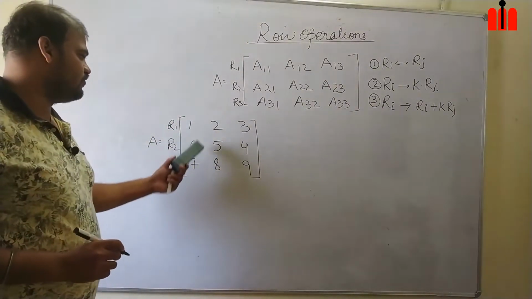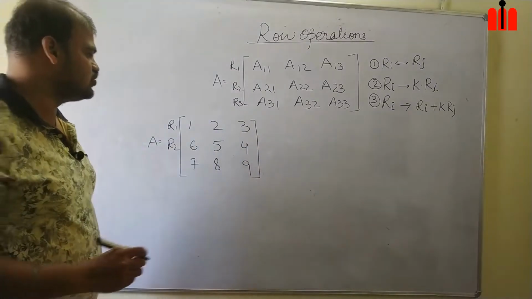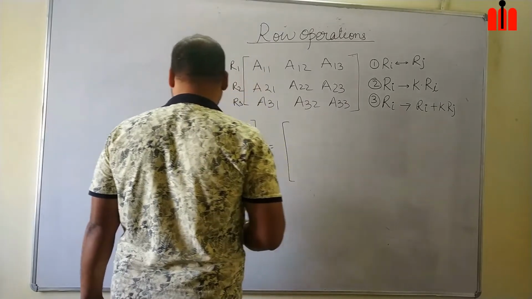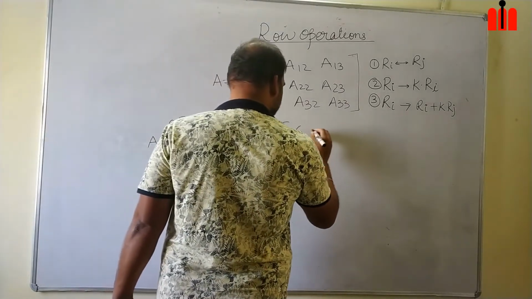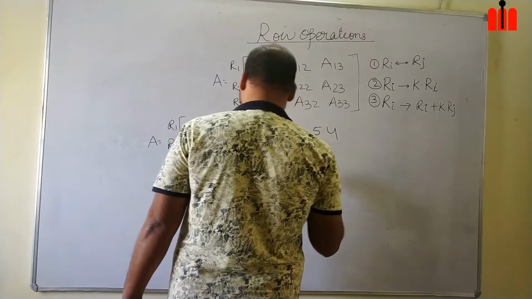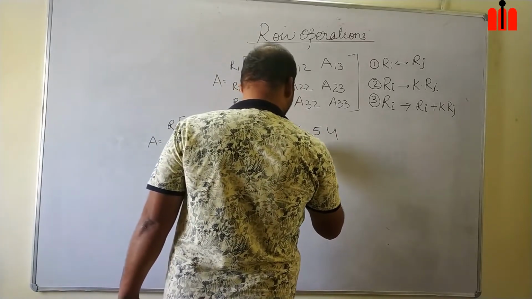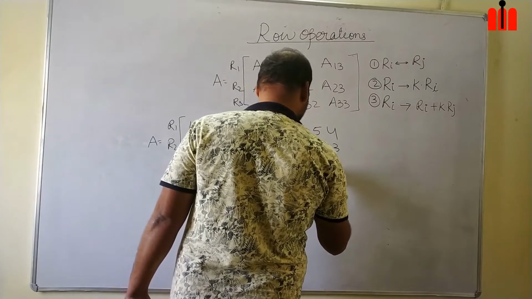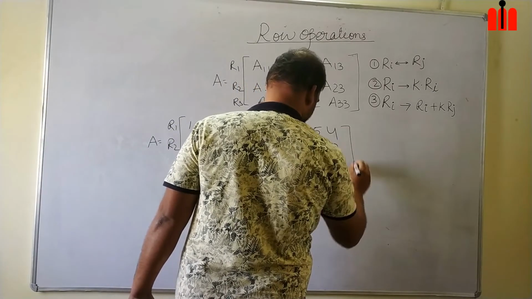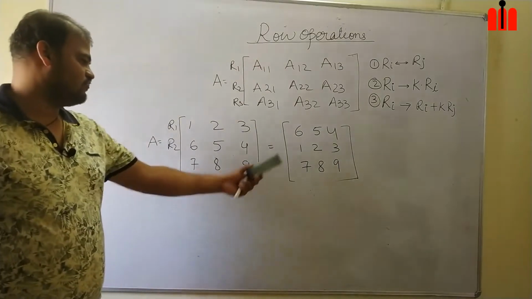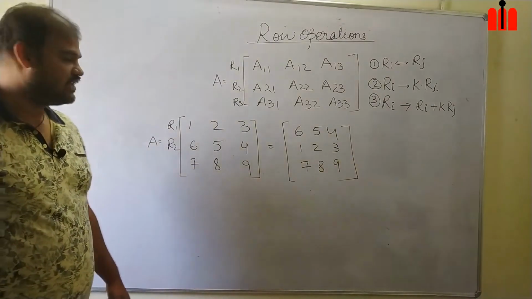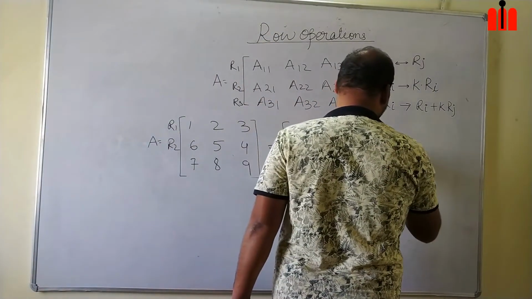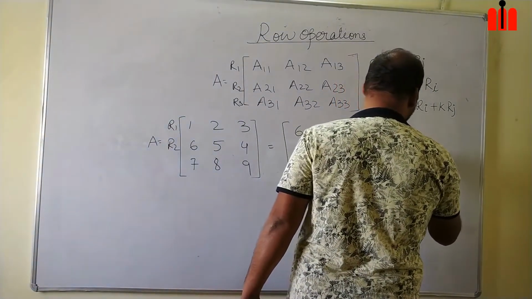If you interchange these 2 rows, 1 is substituted with 2 and 2 is substituted with 1, then it will become 6, 5, 4, 1, 2, 3, 7, 8, 9.